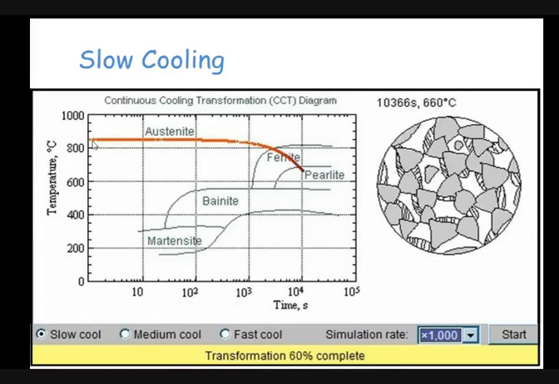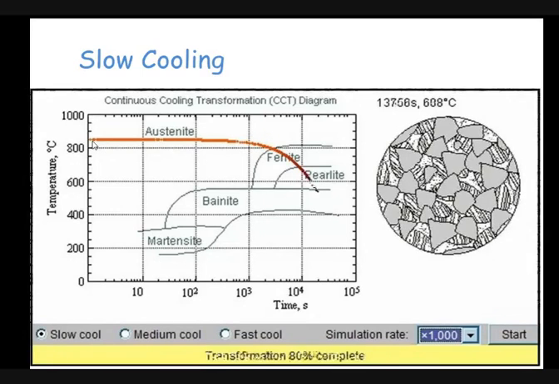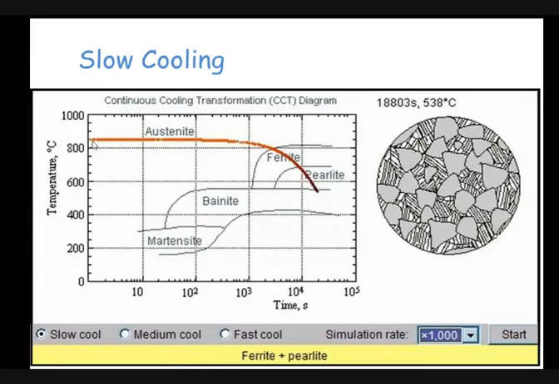Then pearlitic transformation starts. Now you are entering into the bainitic region. Sorry, you are cooling here itself, so fully pearlite has been transformed. So you can see the ferrite plus pearlite mixture here. Now how much time is required? In 10 to the power 4 seconds.